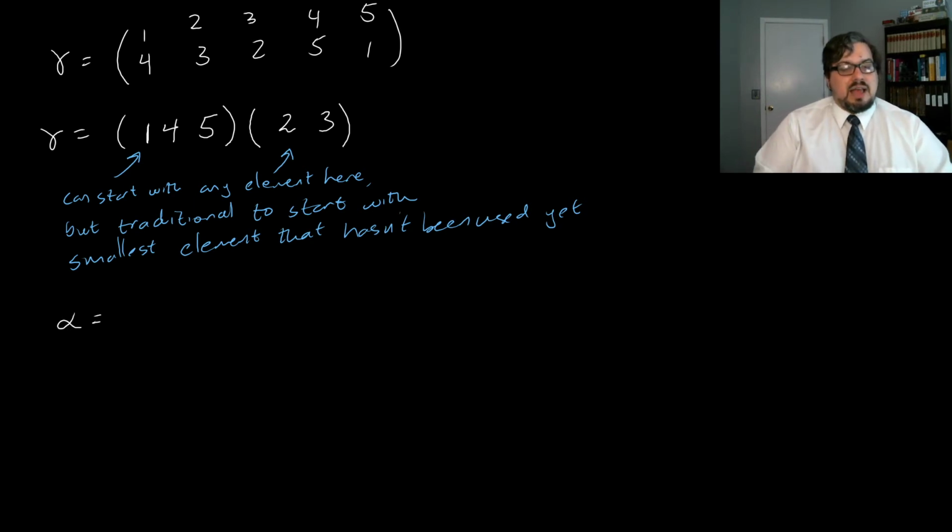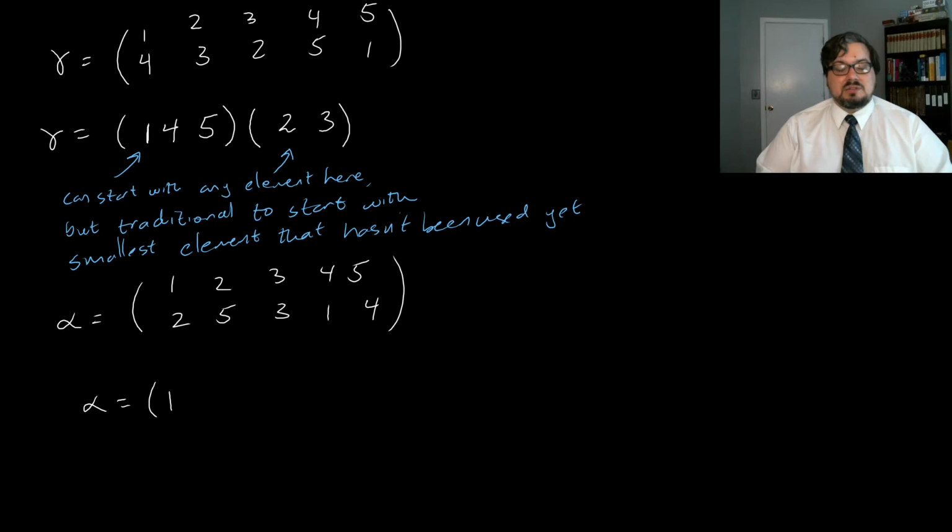So then let's look at another example. Let's look at alpha from before. This is the permutation that sends 1 to 2, 2 to 5, 3 to 3, 4 to 1, and 5 to 4. Let's try to write alpha in cycle notation. We'll start with 1 as normal. 1 gets sent to 2, 2 gets sent to 5, 5 gets sent to 4, 4 gets sent to 1.